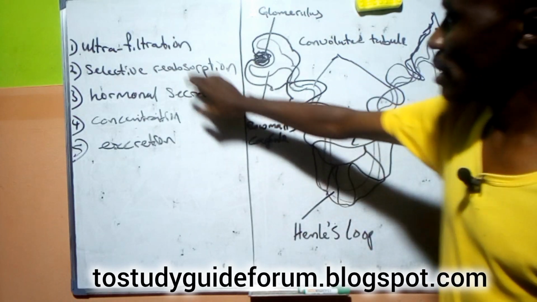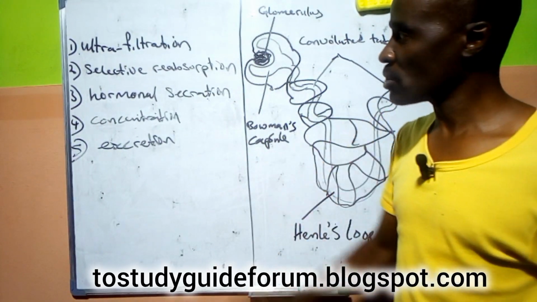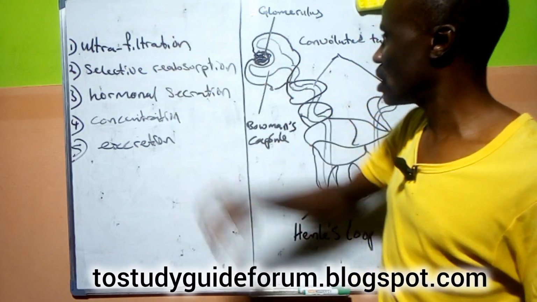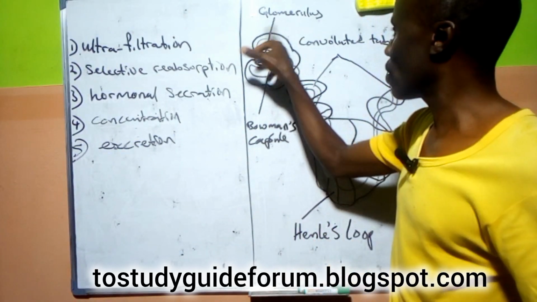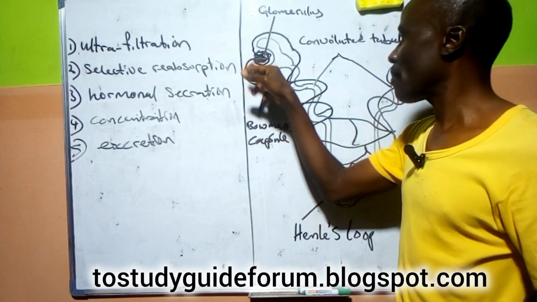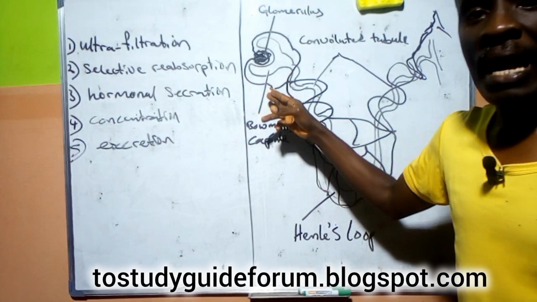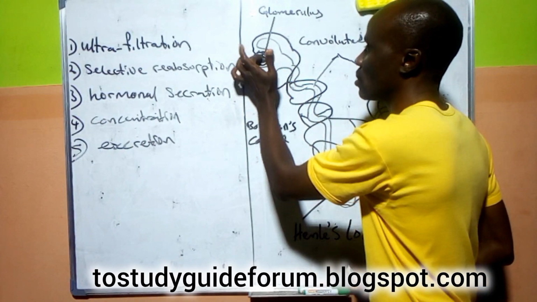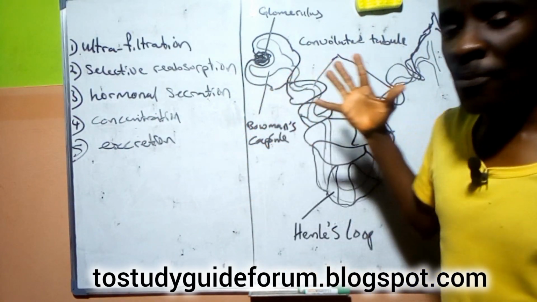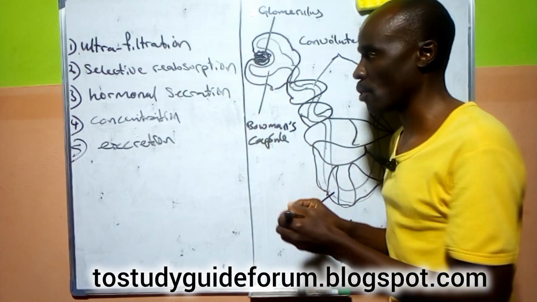So here we have the first step. The first process of urine formation is the one we call ultrafiltration, which takes place in this place. Because of the design of this area, it has a kind of high pressure because of the coils of the capillaries. As the blood passes through here, the pressure is increased, forcing the fluid to pass into what we call the Bowman capsule.